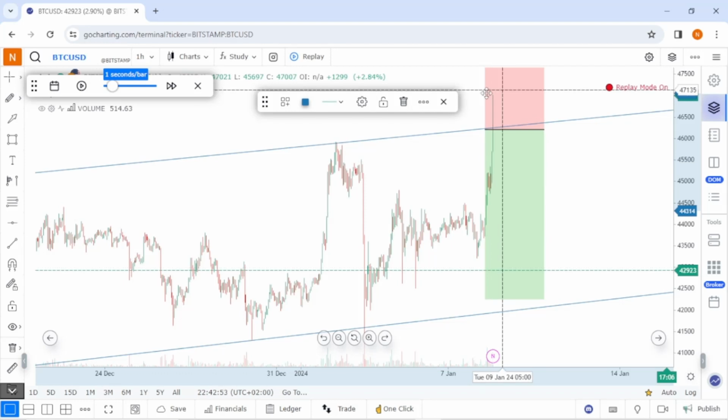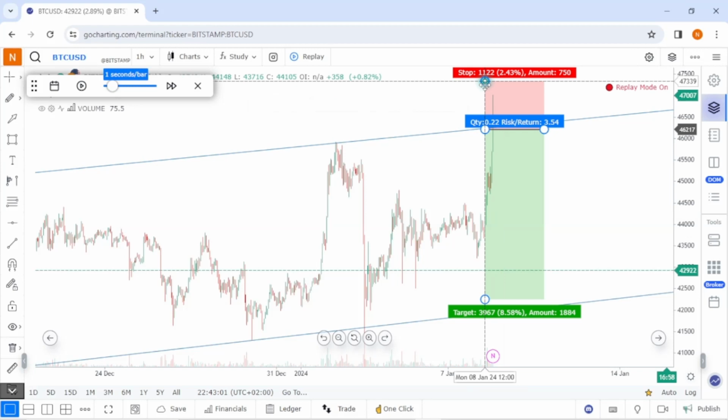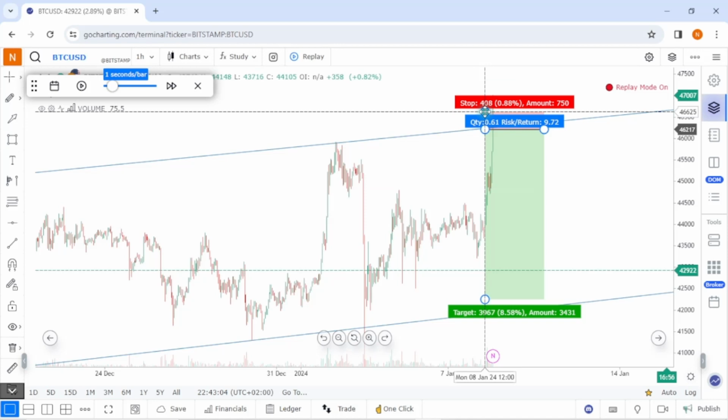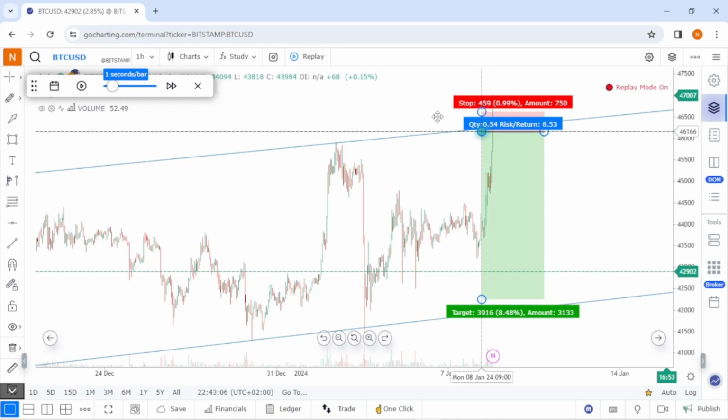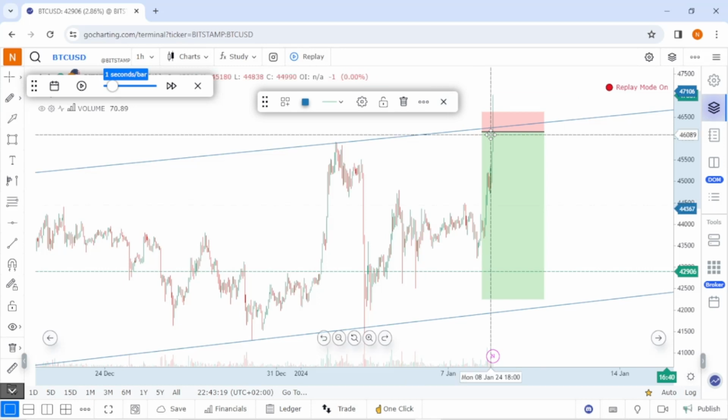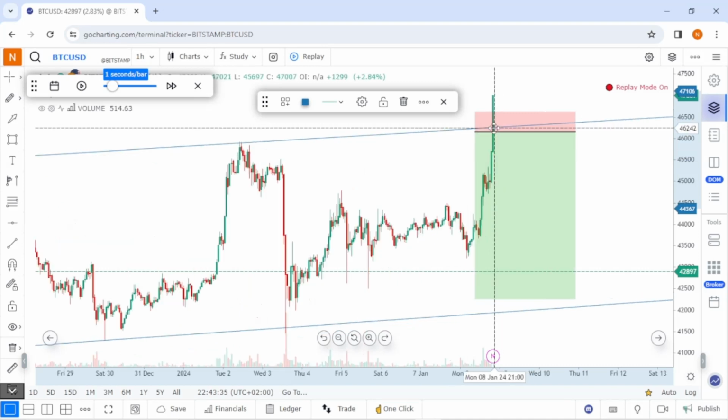Cool. In real time, you would have placed your stop loss just a bit above the trend line, right? And then look what would have happened. People that do not have the patience to wait for the markets would have been the first ones to get stopped out, because before this bullish candle even closes, they would have entered the market, expecting the market to reverse as soon as it touches the trend line.